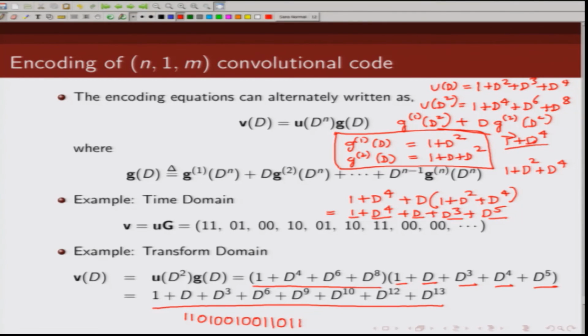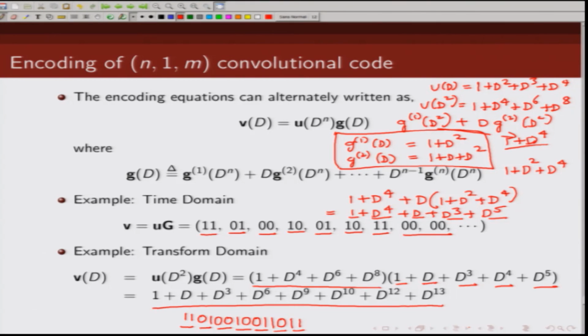Now, compare with what we got in the time domain: 1 1 1 1, 0 1 0 1, 0 0 0 0, 1 0 1 0, 0 1 0 1. So, you can see basically we are getting the same sequence: 1 0 1 0, 1 1 1 1, and the rest are all zeros. Here also we are getting all zeros.